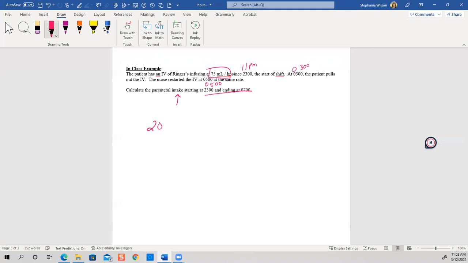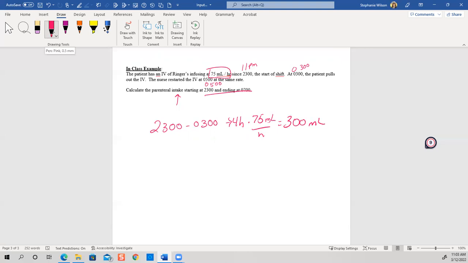Well, I know from 2300 to 0300 is 4 hours. So I'm going to multiply that by 75 milliliters. So 4 times 75, yeah, that's 300 milliliters.